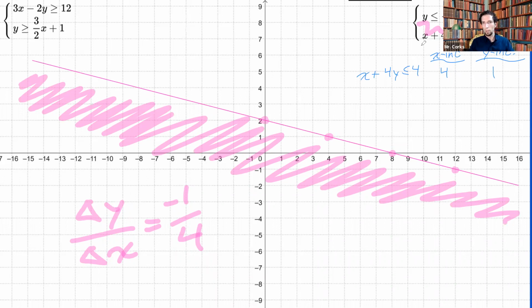I'll do green here for this one. We have our two intercepts. X-intercept is 4, and our y-intercept is 1, like this. So already, I think we can notice something about this situation as well.